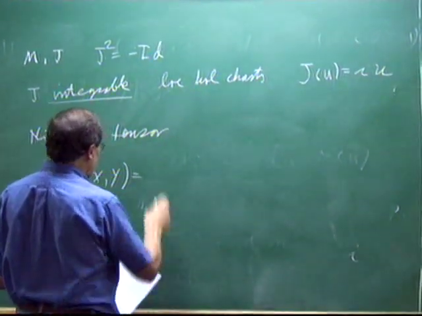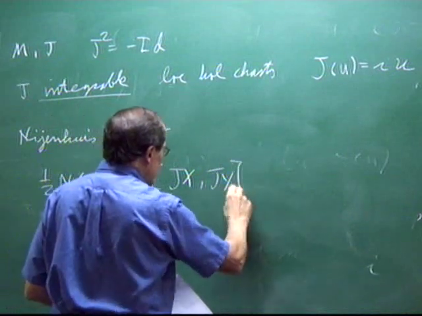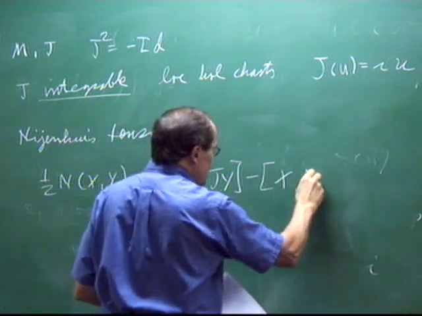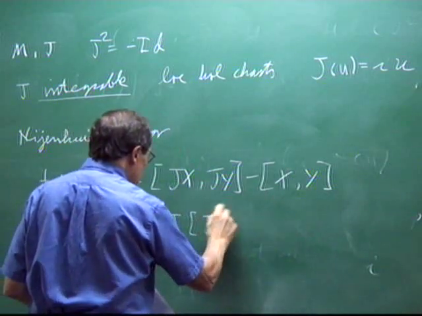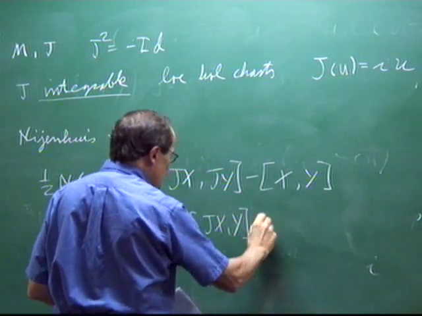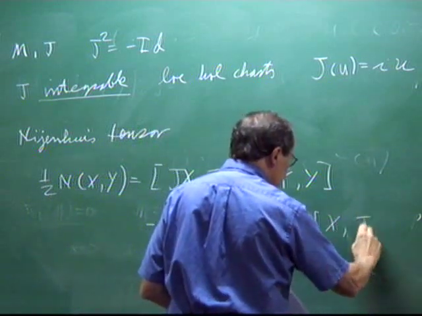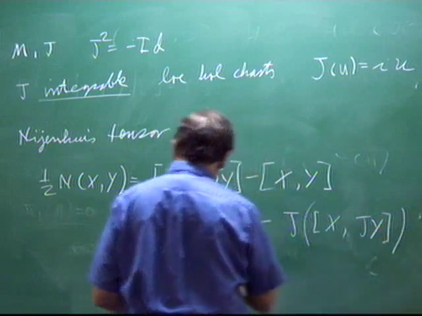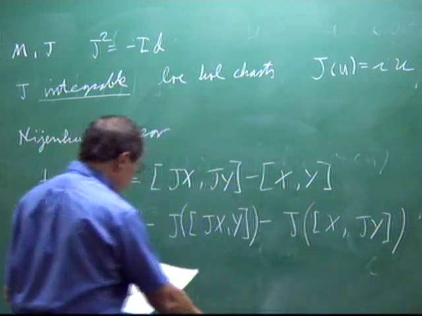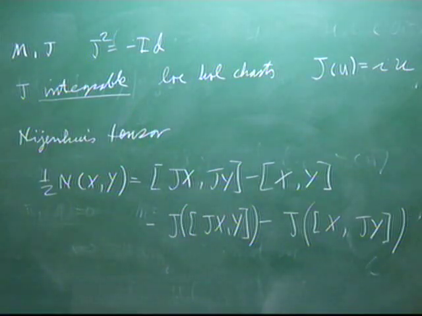Let's see. [J X, J Y] minus [X,Y] minus J[JX, Y] minus J[X, JY]. See if the signs are right. Yes. So that's the definition. You have to check it's a tensor.